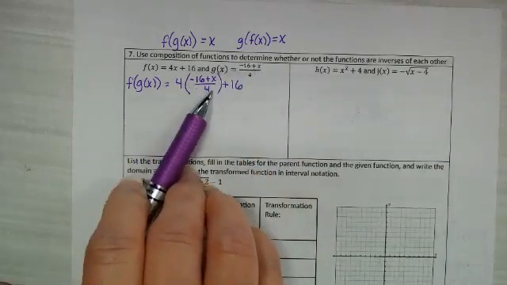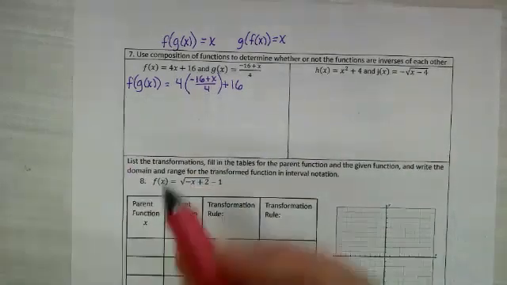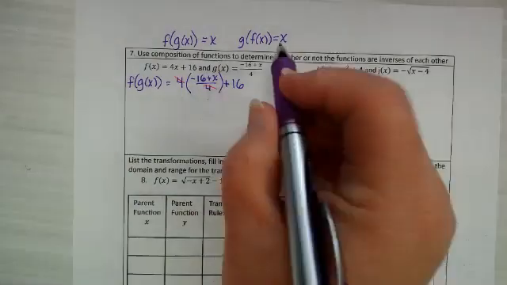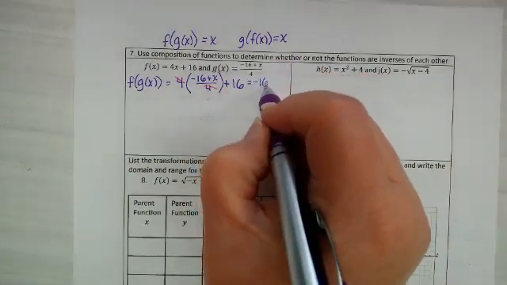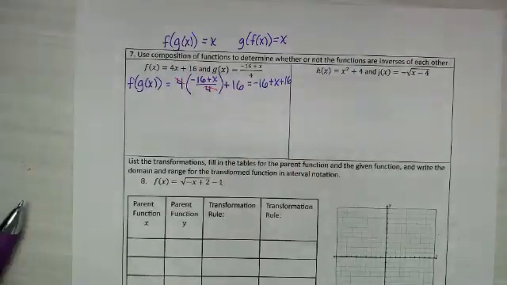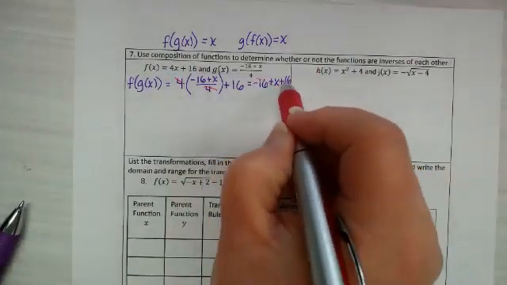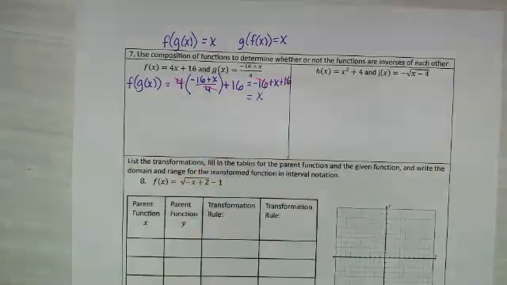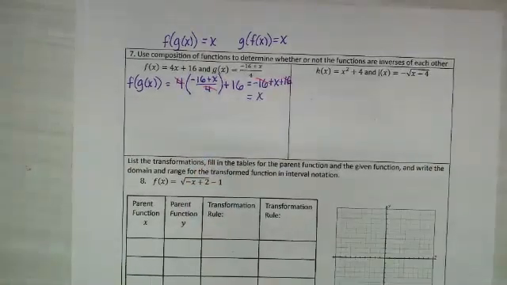Now when I simplify this, first thing I notice is the 4's cancel out. So that leaves me with -16 + x + 16. Well, now -16 + 16 cancels out, and that equals x. That's half of my task.